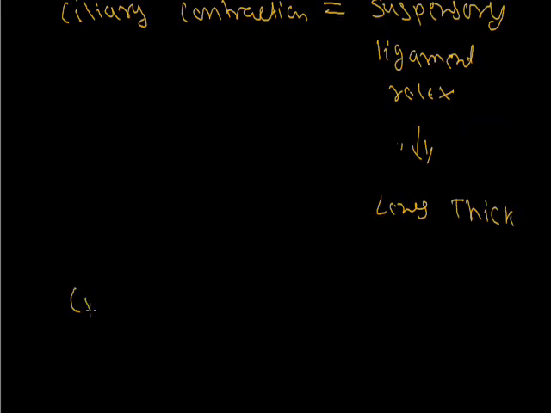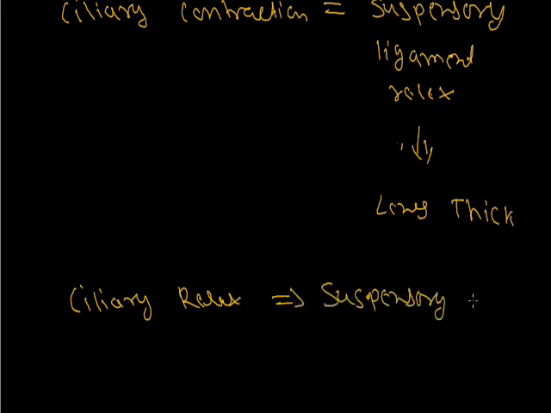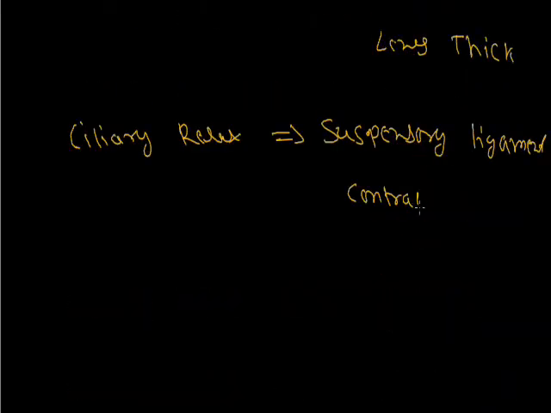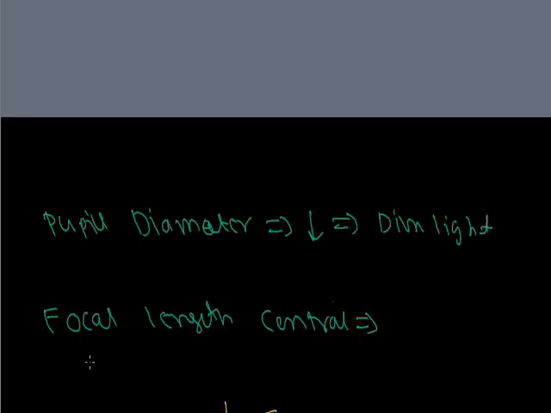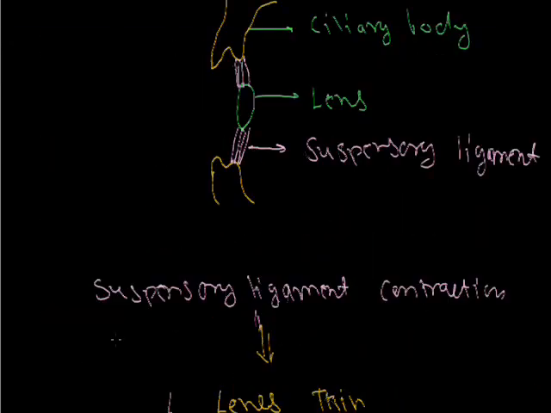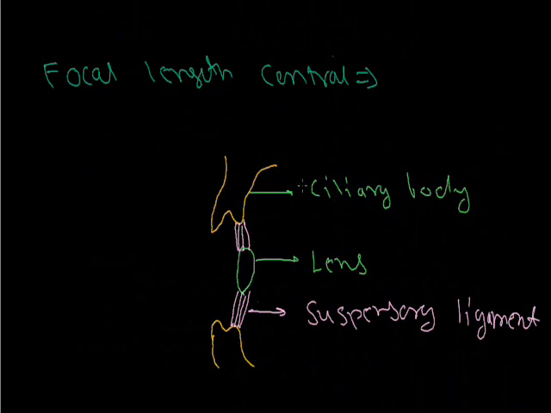And when the ciliary muscles relax, then the suspensory ligament contracts, then the lens becomes thin.